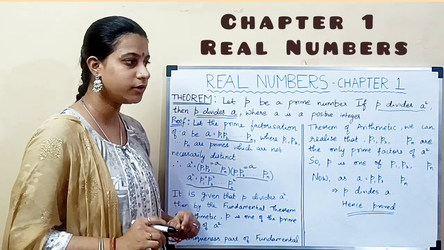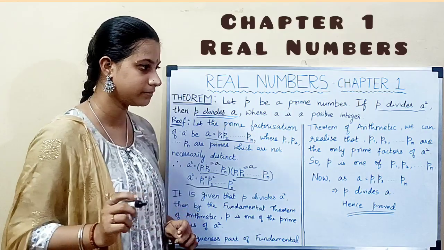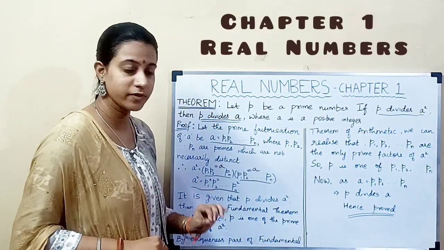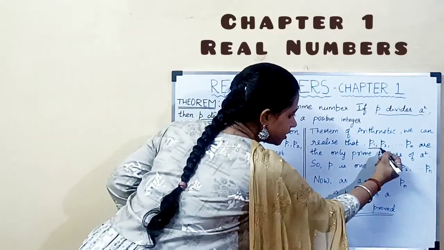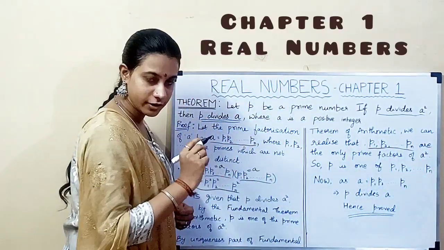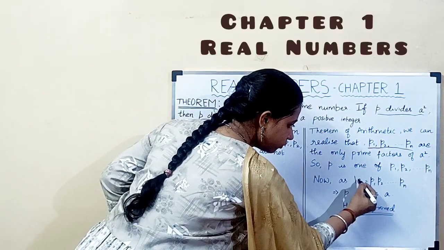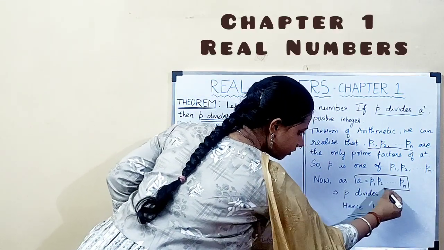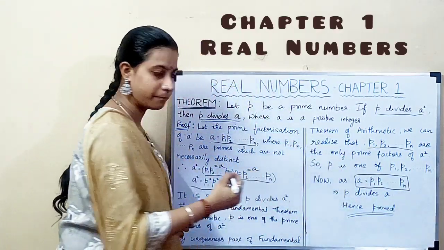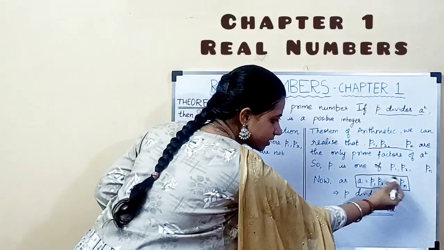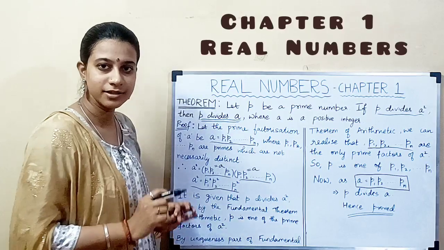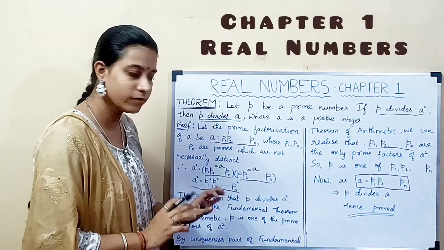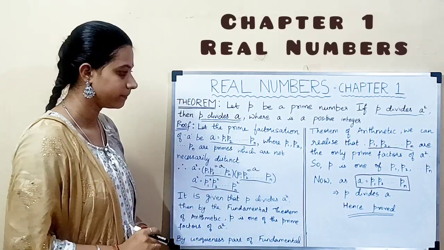This we get from the uniqueness part of the fundamental theorem. Now we have proved that P is one among the prime factors P1, P2 up to Pn. Then we know A is equal to the product P1, P2 up to Pn. So if P is one among these numbers, then P divides A. This is what we had to prove in this theorem, and we have proved it.